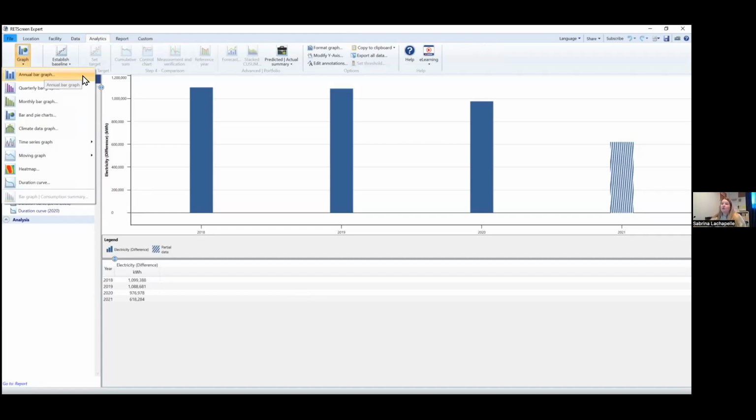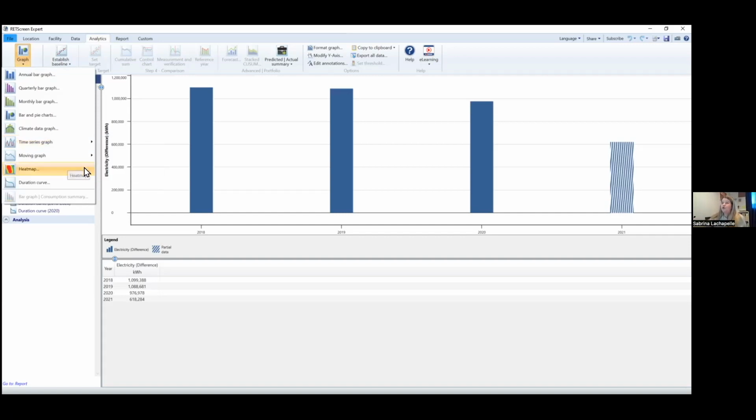We have annual bar graph, quarterly and monthly bar graph, bar and pie chart, and we can also make the time series. But with those graphs that were already existing in the software, we also added 2 new time series. The first one is a time series that will allow you to analyze your data on a weekly basis. And the other one will allow you to analyze your data on a daily basis.